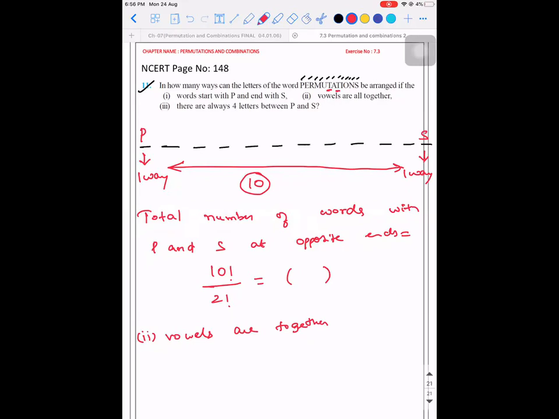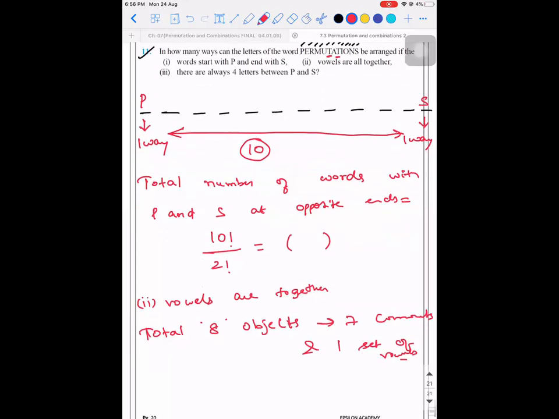You have 12 letters in total, and out of the 12 letters you are keeping 5 aside. Out of 12, 5 are gone, so 7, plus 1 makes 8. So there are 8 objects in total: 7 consonants and 1 set of vowels.